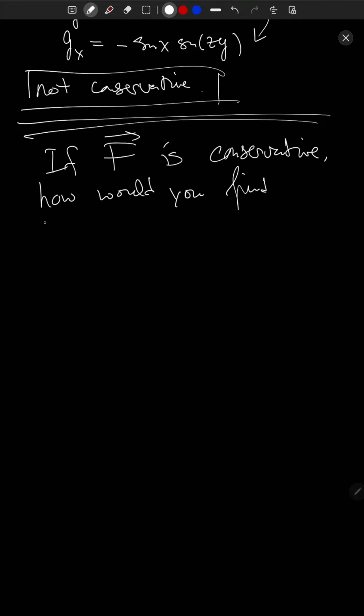Let me write a potential phi, just to be most precise. Why do I say a potential? Because if F is equal to gradient phi, there's always more than one potential.